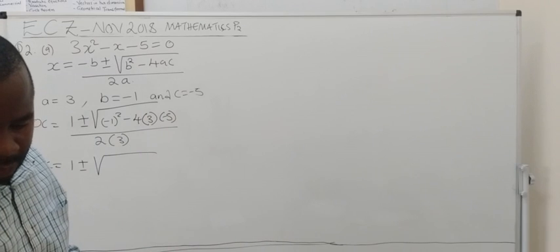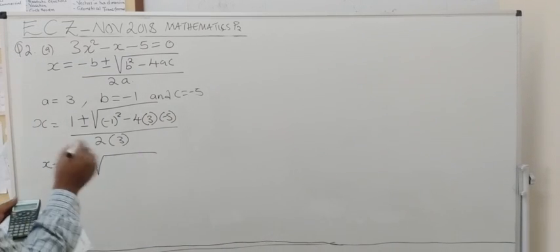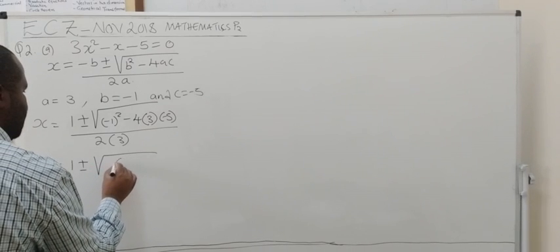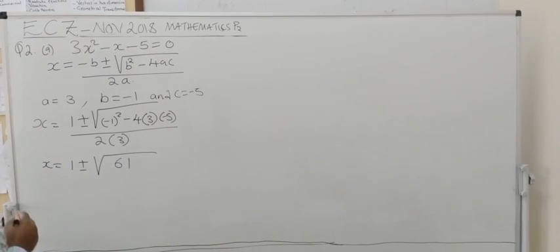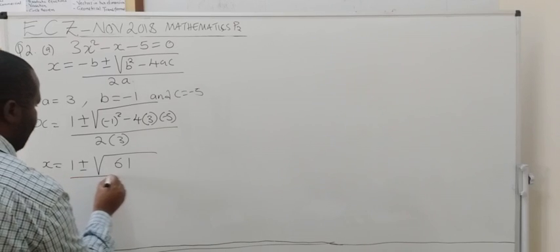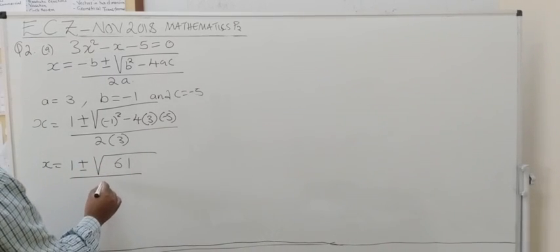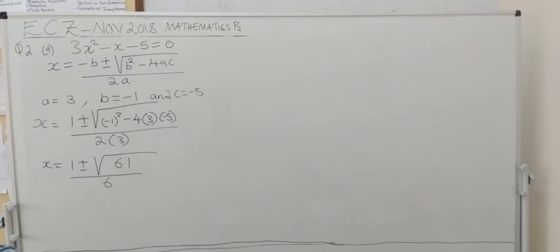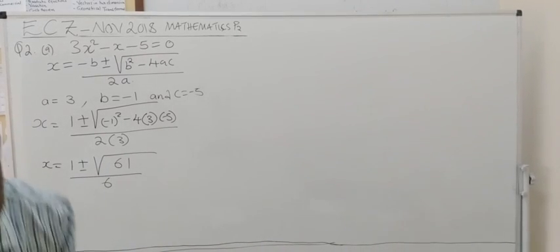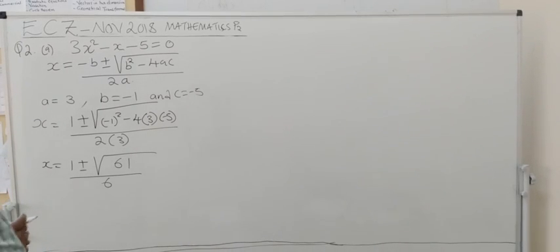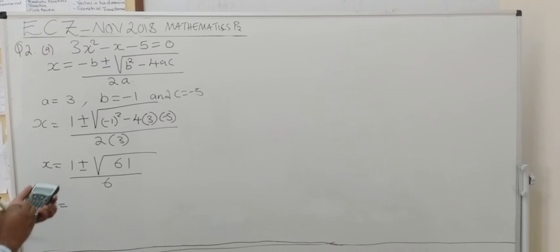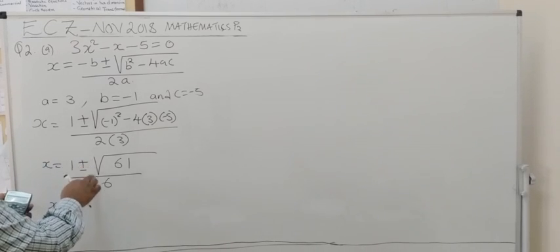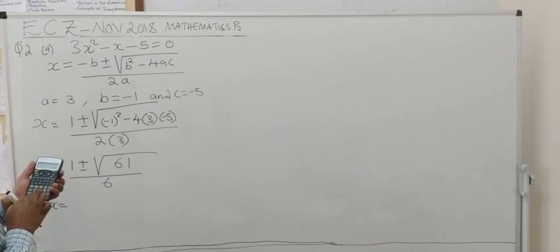Then we divide everything by what? This by that, you get your 6. Okay? I hope that is fine. Then x is equal to, you pick 1, you say 1 plus the square root of 61.